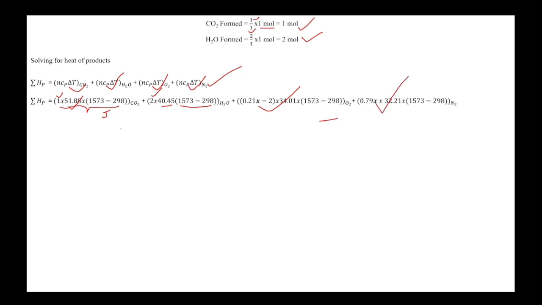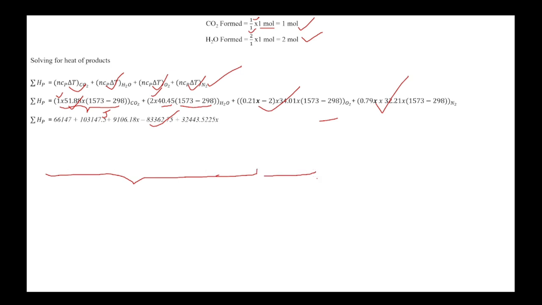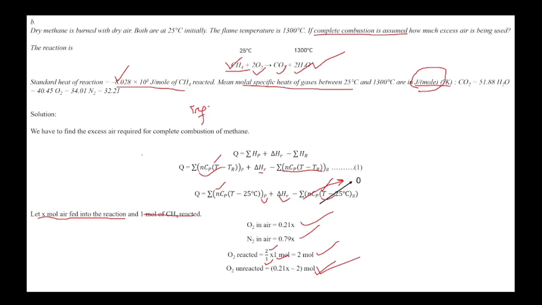Now, solving for the heat of the product, we get this, and putting all the values in equation 1, which is the main equation we saw at the start of the question, Q added will be equal to the summation of the heat of the products plus the heat of the reaction, delta H R. The unit of delta H R is joule per mole of CH4 reacted.